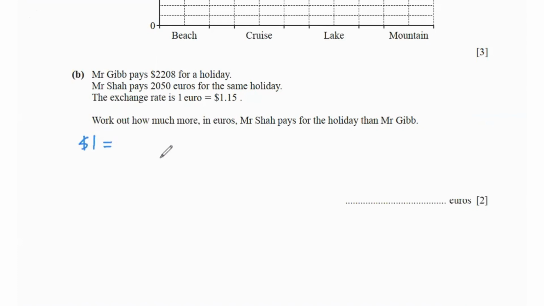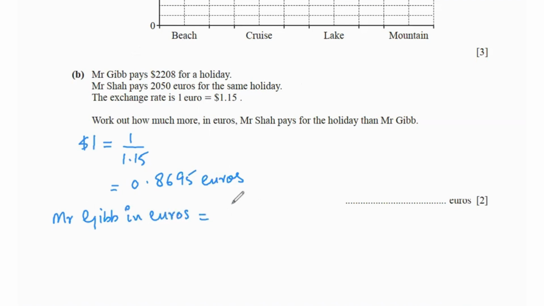So for $1, we'll have 1 divided by 1.15, which is basically 0.8695 euros. Now we're going to convert Mr. Gibb's holiday into euros. That's going to be 0.8695 times 2,208, which gives us 1,920 euros.